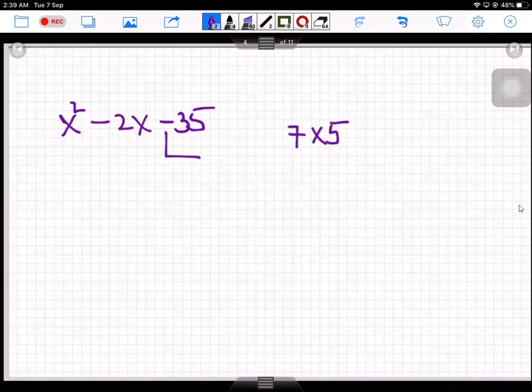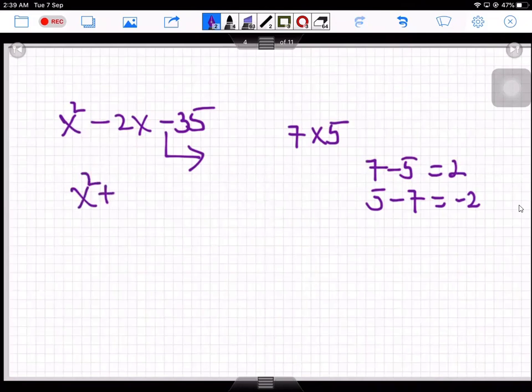This sign tells us that we have to do subtraction, and even after the subtraction, the middle term is supposed to be minus 2. So 7 minus 5 will give you positive 2, but 5 minus 7 will give you negative 2. Both are subtractions, but we need minus 2 in the middle term. So 5 minus 7 will be used.